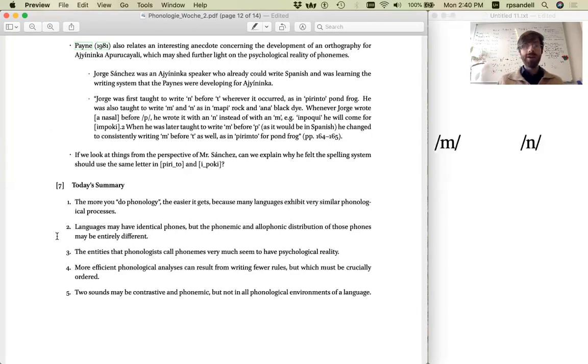And when we compared the phonemic systems of labial sounds in Spanish and Garifuna, we found that languages could have some identical phones. Spanish and Garifuna both had a voiced bilabial stop, a bilabial fricative, and a labiovelar glide, but the phonemic and allophonic distribution of those phones was slightly different.